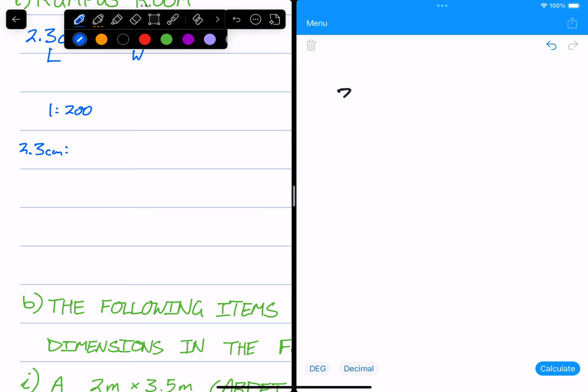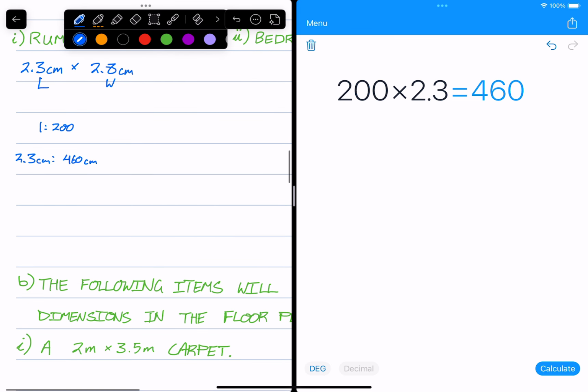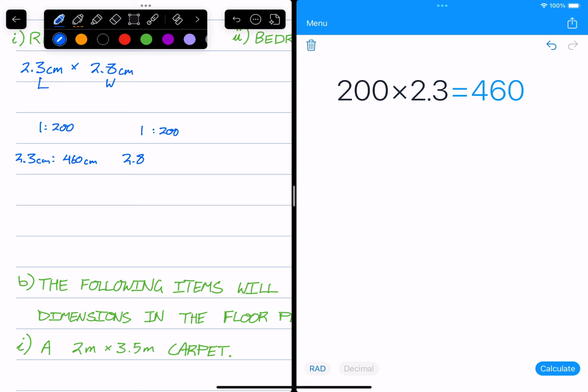So 200 times 2.3 gets us 460 centimeters. We do the exact same thing for this measurement: map, real, and the measurement that we have is 2.8 centimeters. Multiplying 200 by 2.8, we get 560 centimeters.